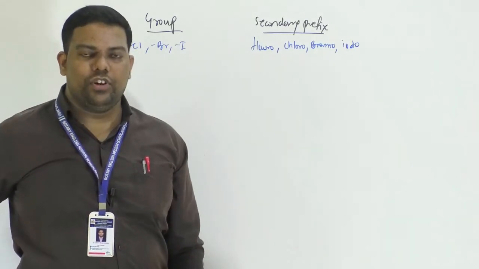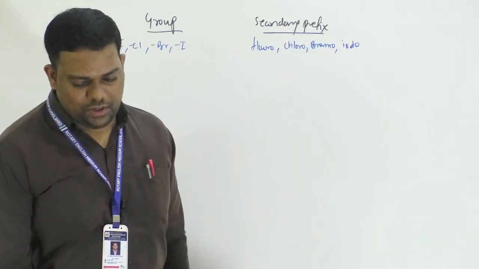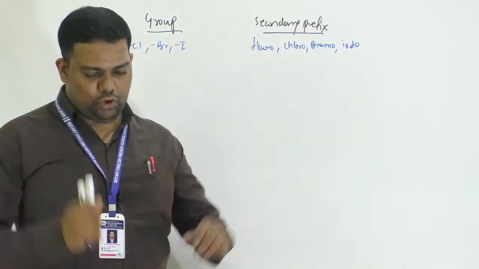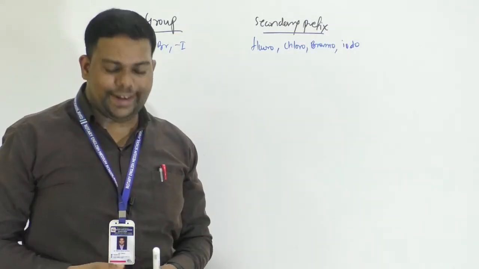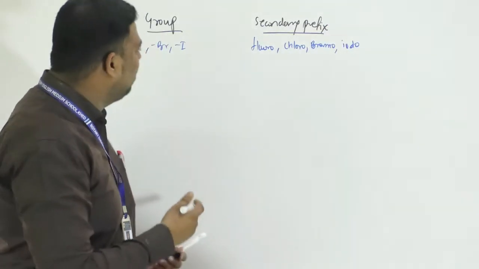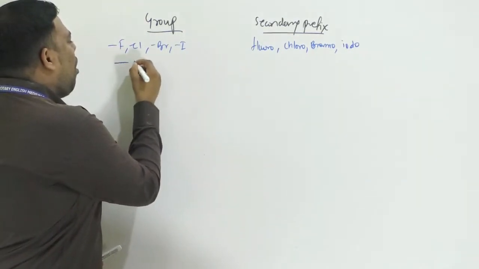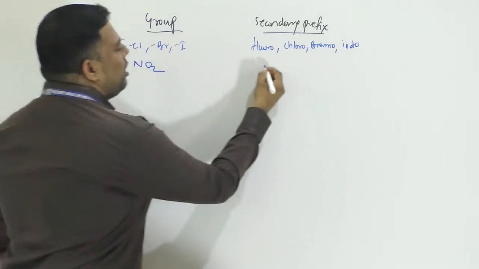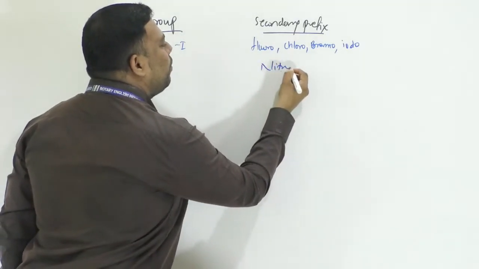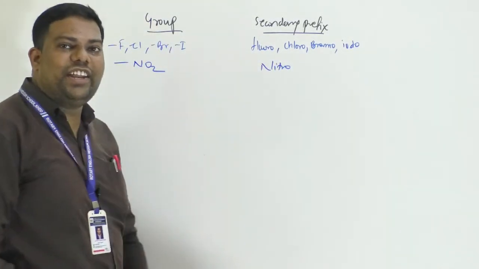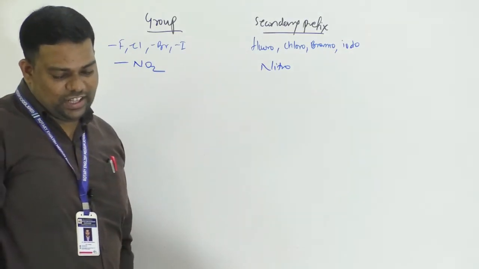Whenever we discuss prefixes, we can write another example also: a bond with NO2 we call nitro. In some aliphatic compounds nitro is also there.